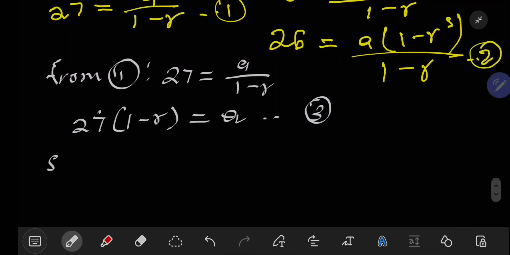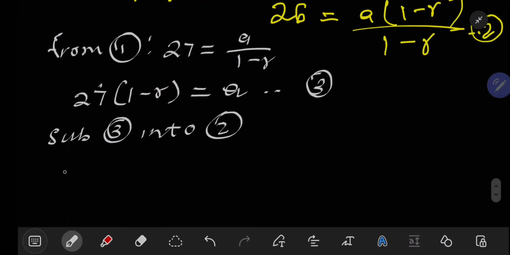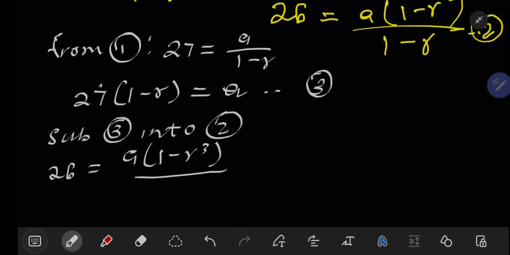And then we substitute equation 3 into equation 2. Our equation 2 says 26 is equal to a into 1 minus r cube divided by 1 minus r. So where we see a, we substitute 27 into 1 minus r.